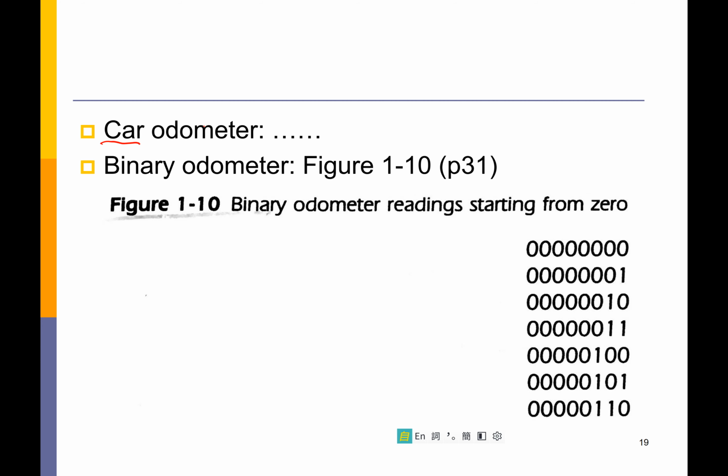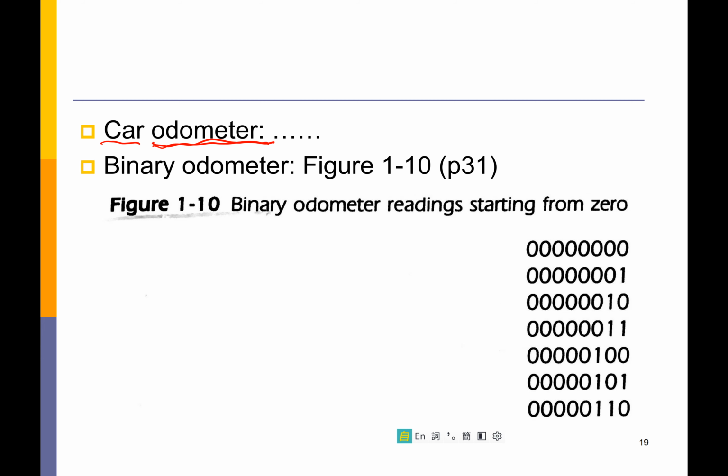I guess each car has a so-called odometer. This odometer keeps track of how much distance this car has driven, how long this car has been used, not in time, but in how many miles or kilometers.